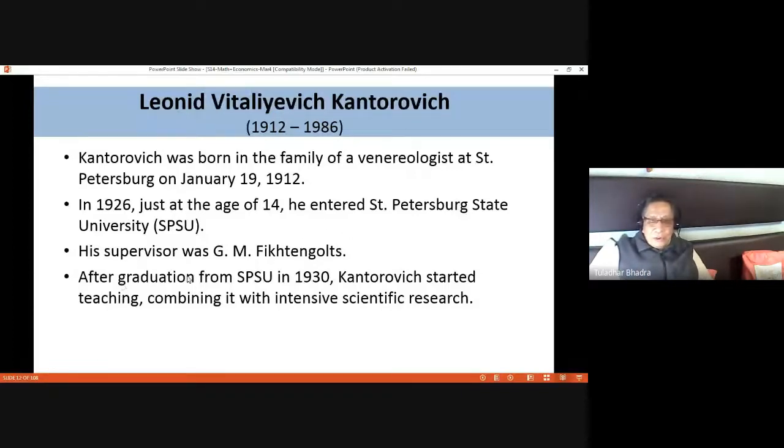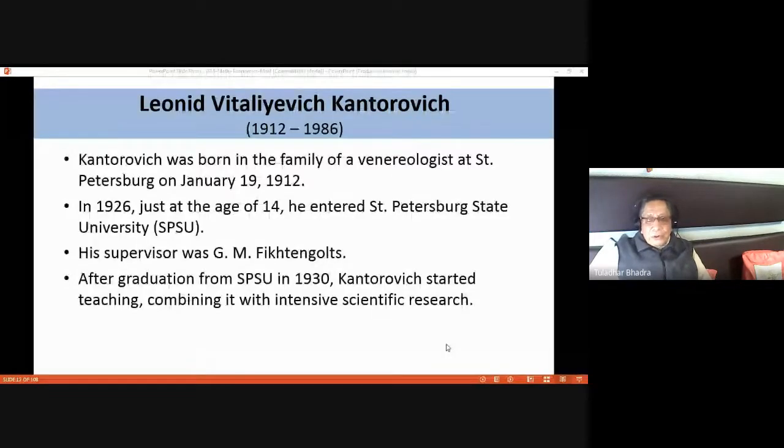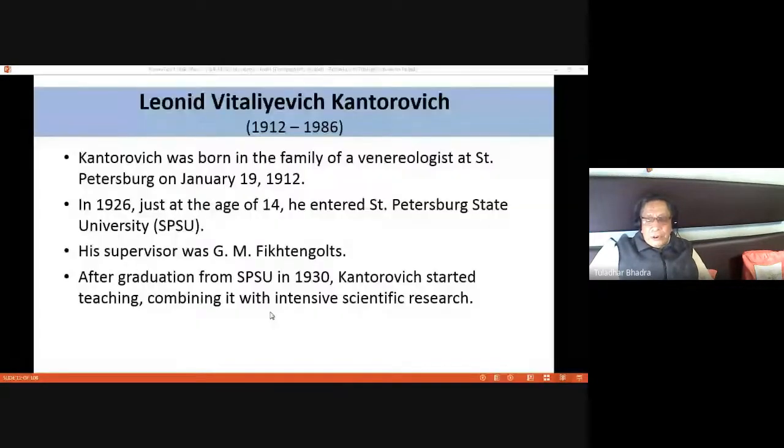His supervisor was Fikhtengolts, and I have studied some books by him. After graduation from St. Petersburg University in 1930, so he entered in 1926 at the age of 14, and at the age of 18 he had already graduated from this university.